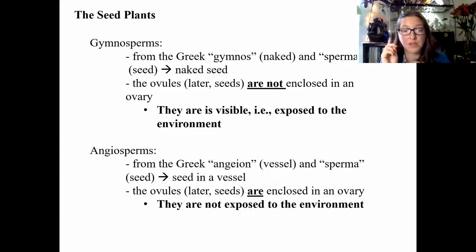So in angiosperms, the ovules and the seeds are not exposed to the environment. They are in something, right? The ovules are in an ovary, the seeds are in a fruit.